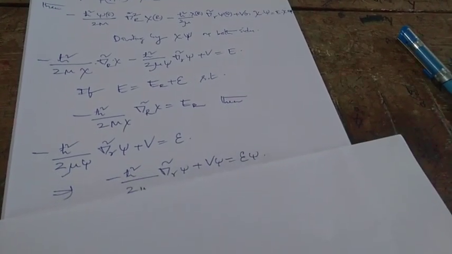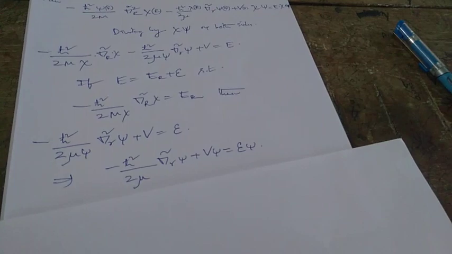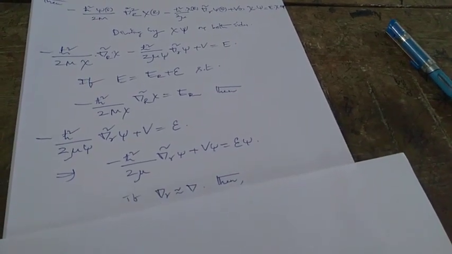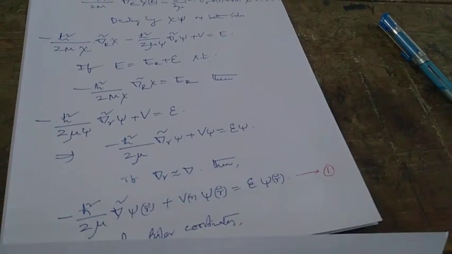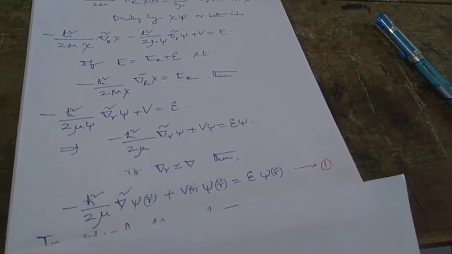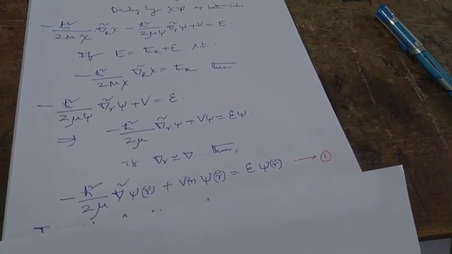If you rearrange this equation, we get this form, and if you call del squared sub r just del squared, then we get this differential equation as equation number 1.